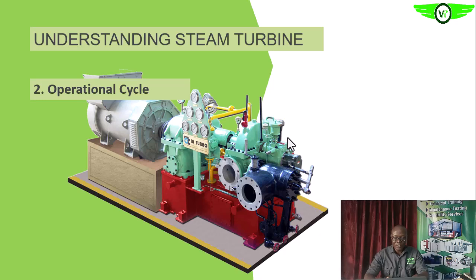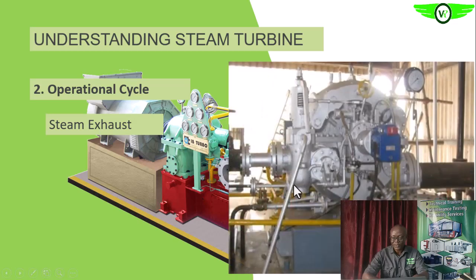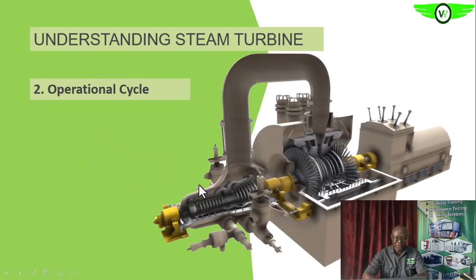Still on the operational cycle, we've talked also about the exhaust, which is the part that goes out. This is the intake and this is the exhaust from the steam turbine, as we have discussed before.